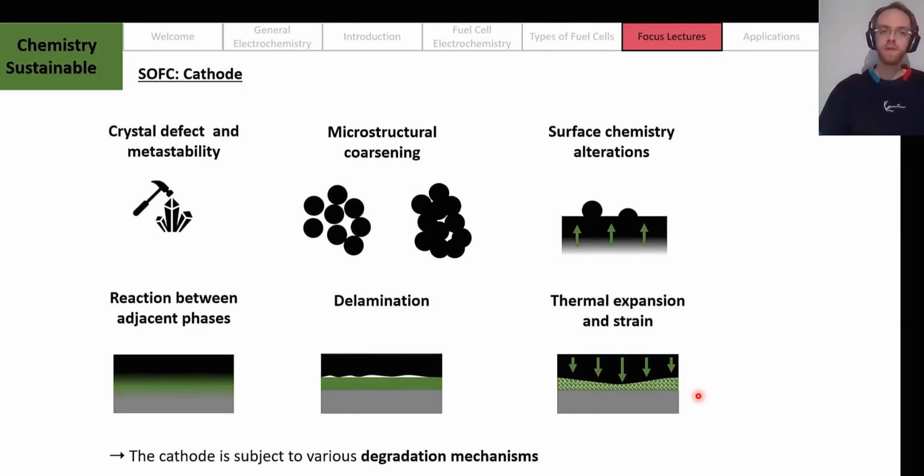The cathode material itself can undergo a variety of degradation mechanisms, and here is a selection of them, and this should also show you why, on the one hand, the cathode material has to be carefully selected itself and be active for itself, but why it's also vital to have compatibility with the adjacent phase, and that will be the electrolyte, of course. So what might happen are, for example, crystal defects and metastability.